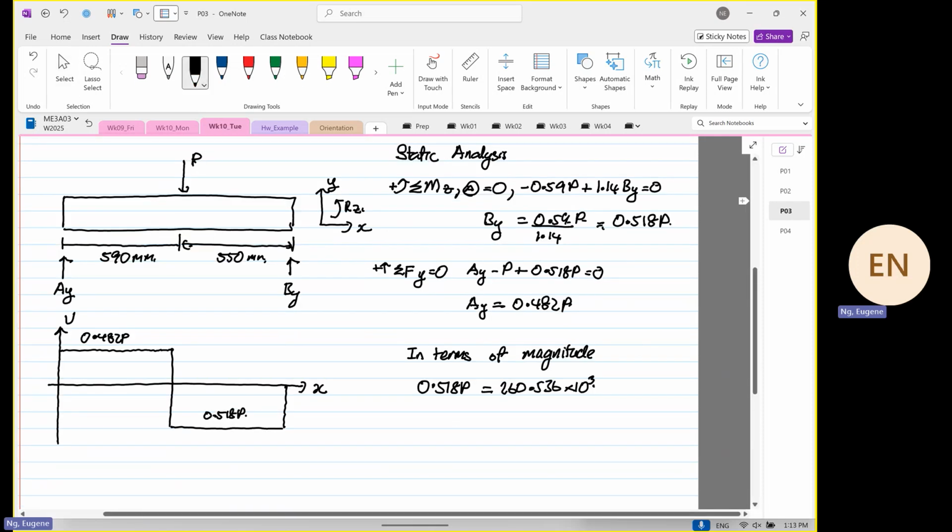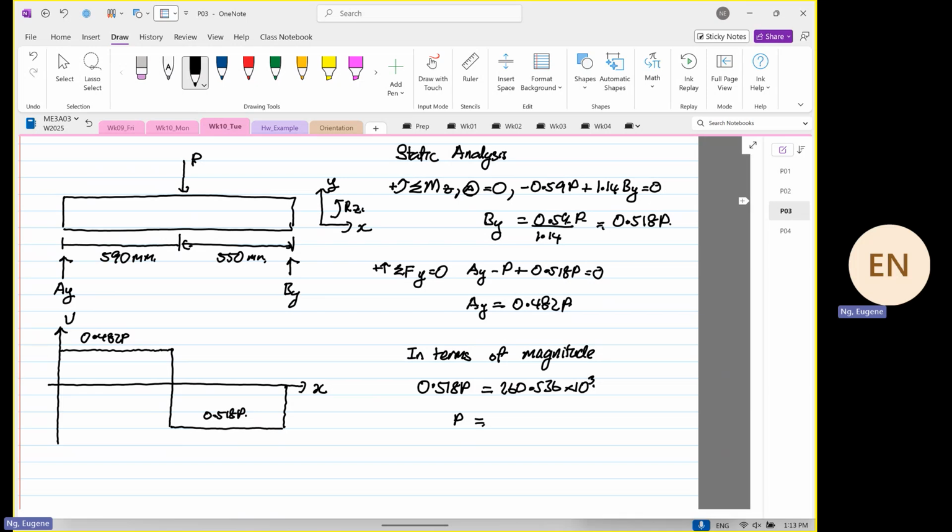Therefore, P will be equal to 260.536 times 10 to the power 3 divided by 0.518, which is equal to 502.965 times 10 to the power 3 Newton. That is your answer for the first part.